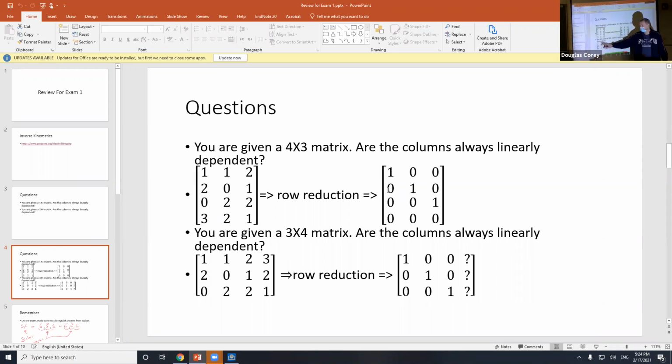So I can find some combination of those first 3 to get that one. It might even be that I only have 2 independent vectors here, and then I can write both of those other ones as the first 2. That's also a possibility. But I know there's no possible way that these could be independent. And I don't get a row of zeros here. I get something over here. Who knows what it is? But yeah. Okay, questions on that?